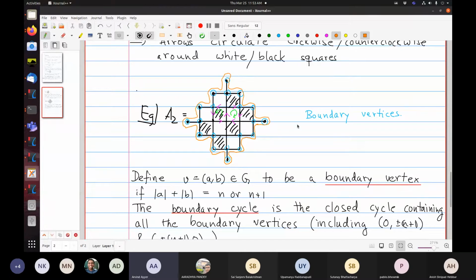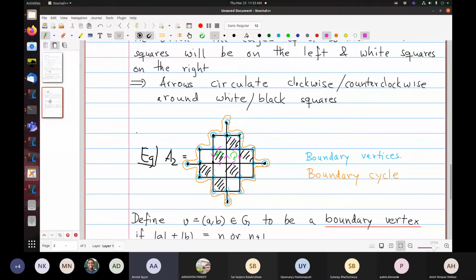That's the boundary. Just to be complete, edge orientations are in pink, and in the green, that was the circulation.